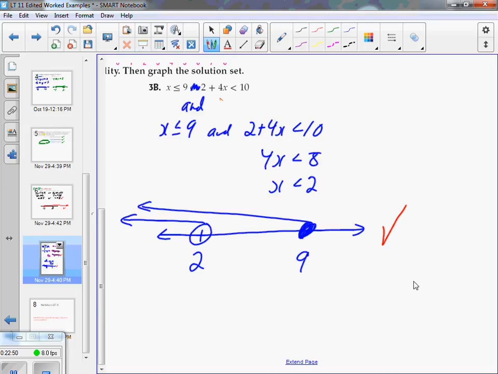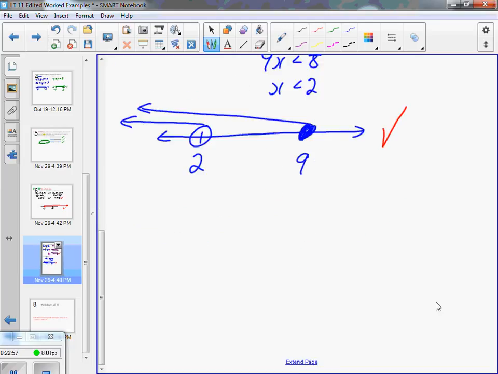To be a solution of an and, it has to be a solution of each inequality. So if I get a final graph for this, where are the numbers that are on both graphs? It's those, isn't it? Those are the ones on both graphs. So you got to be careful. Okay?